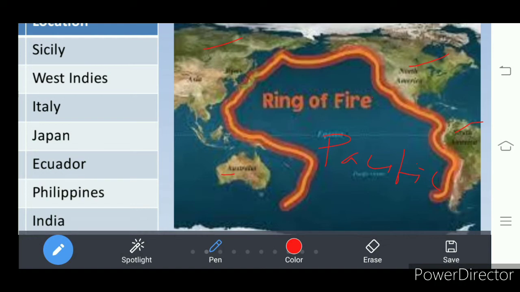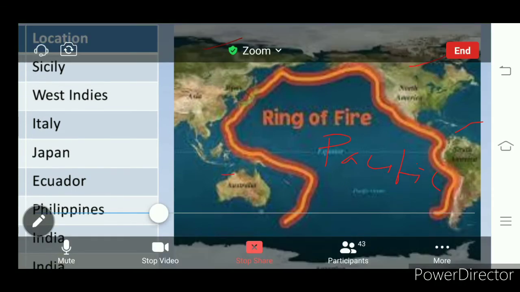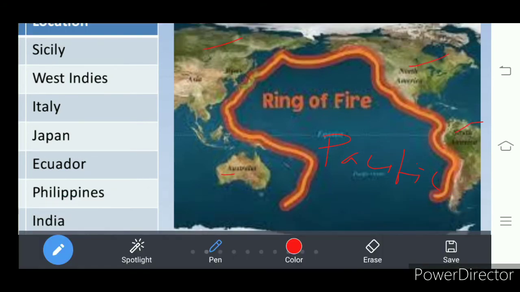Every time these volcanoes erupt there, so it is called the Pacific Ring of Fire. In the Pacific Ocean, we find many volcanoes. Due to the presence of many volcanoes in the Pacific Ocean, it is called the Pacific Ring of Fire.